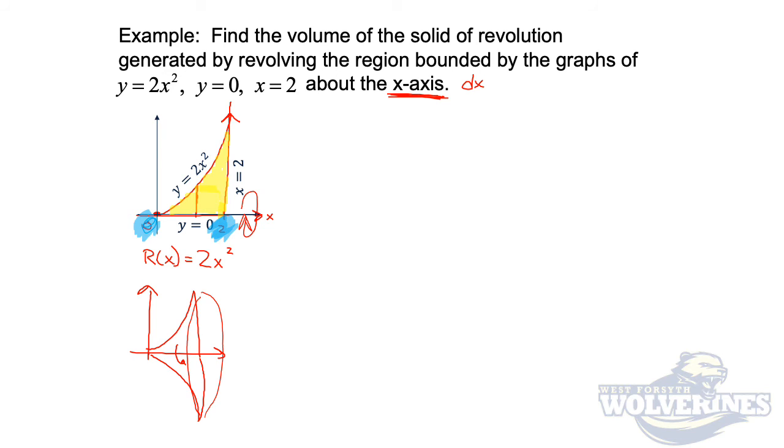That's my left and my right. So those are going to be my bounds when I set up my integral. So when I set up my integral, pi r squared h. So here we go. The volume of the solid is going to be pi times the integral from left to right, so 0 to 2, of 2x squared squared.